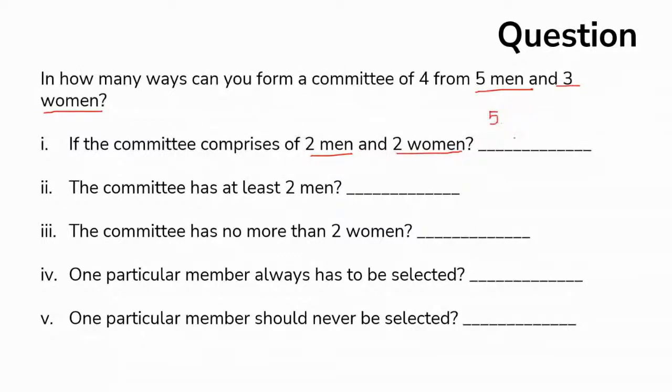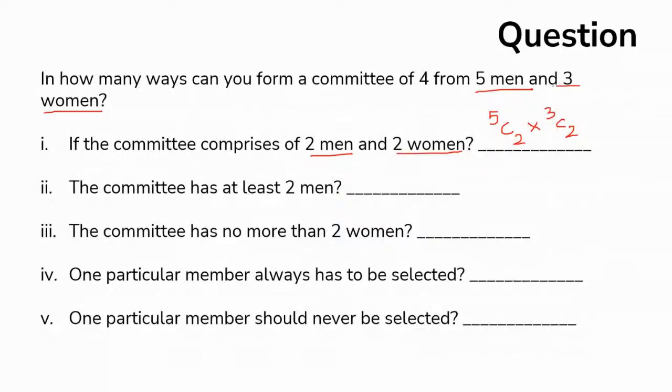Out of five men, I need two men. So it is going to be a selection process, and for selection we will be using combinations. For women, out of three women we are going to select two women. That is how we select the four members. So 5C2 into 3C2 is going to be your answer for this one.